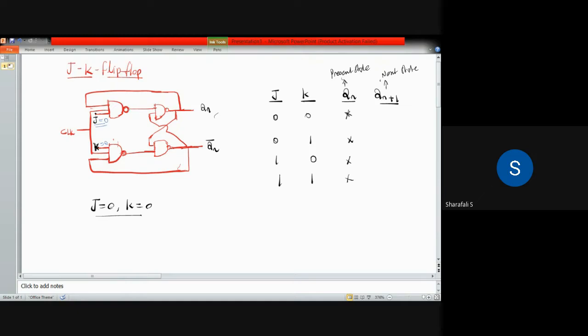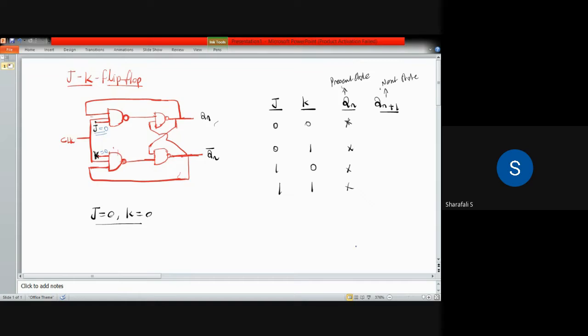Suppose A and B are going to this NAND gate, then you will get output as A dot B complement.